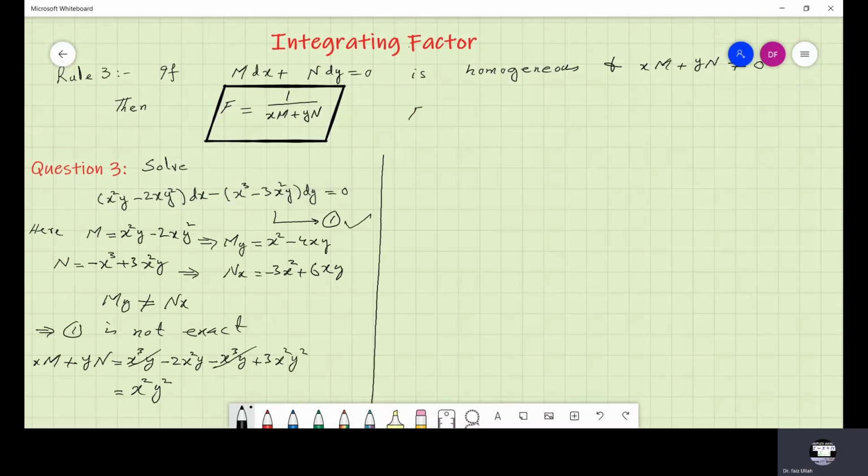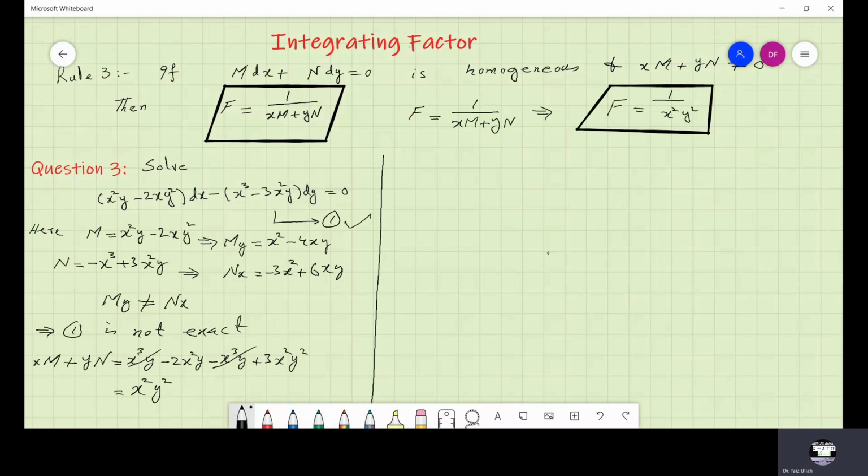According to this rule, the integrating factor for this problem is given by f is equal to 1 over xm plus yn. Let us put values. We have f is equal to 1 over x square y square, and that is the required integrating factor for this problem.